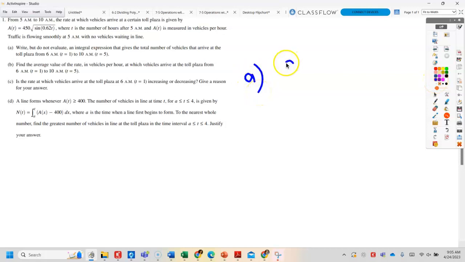So for part A, we would be creating an integral. That integral would be of A of t dt. It wants you to go from 6 a.m. to 10 a.m., so we are integrating from 1 to 5.